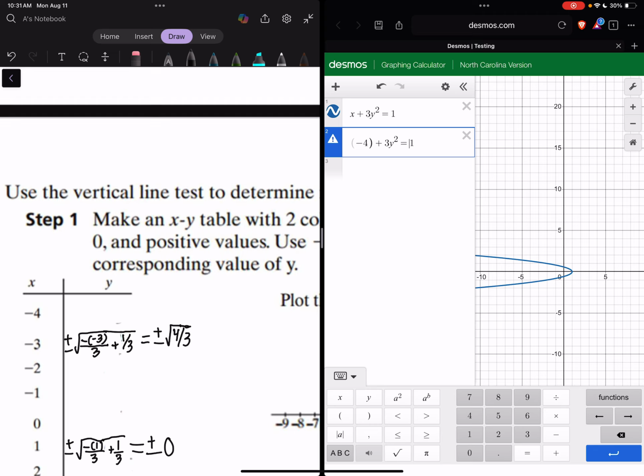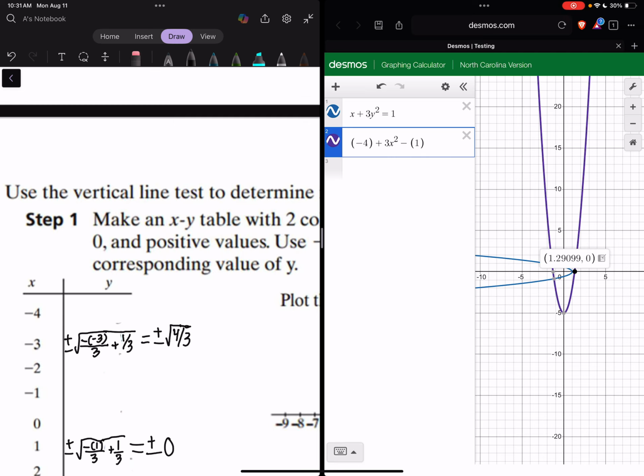That does not work the way it is written. So I'm going to put minus parenthesis. The other thing you have to keep in mind, you cannot have any other variable besides x. So I am going to place the y with x. Where it is equal to 0 is my answer. So at negative 4 is going to be 1.29 and negative 1.29.